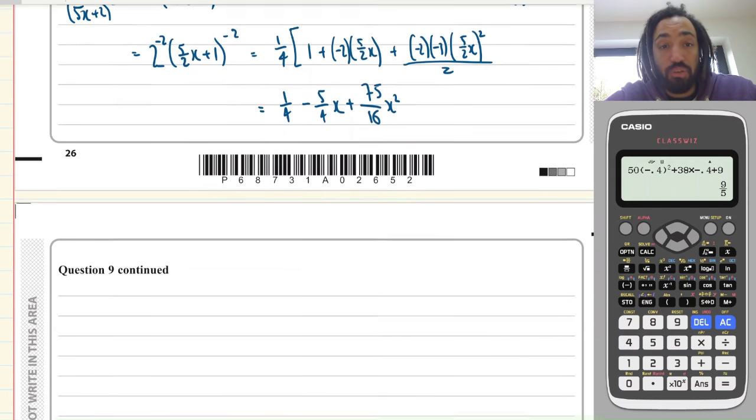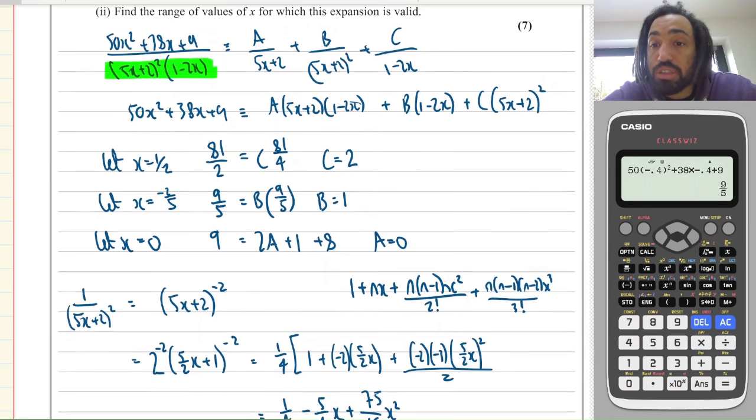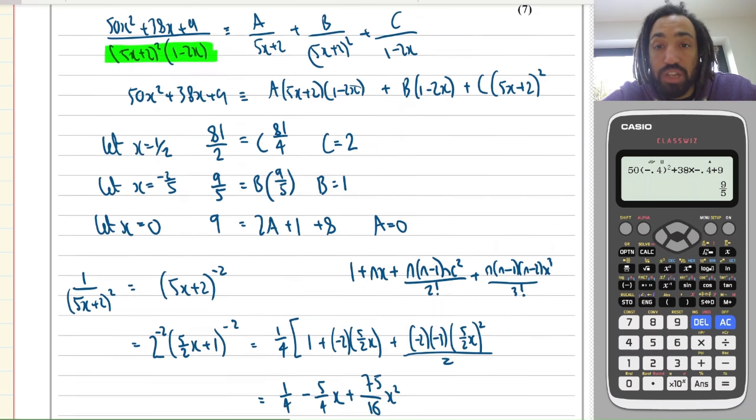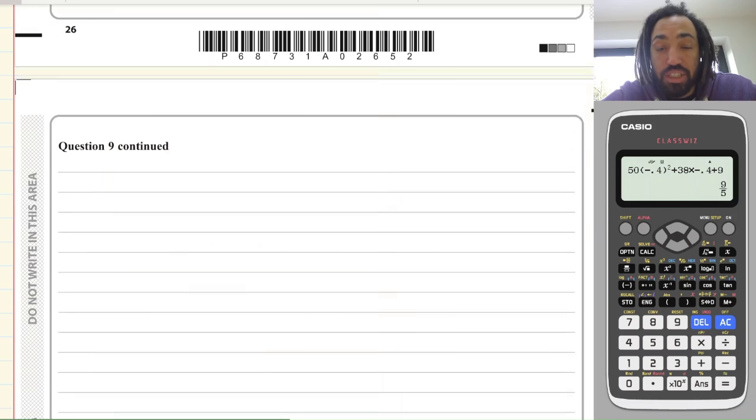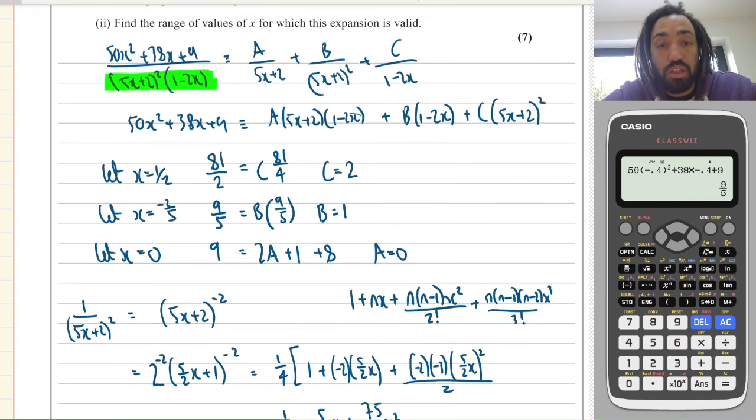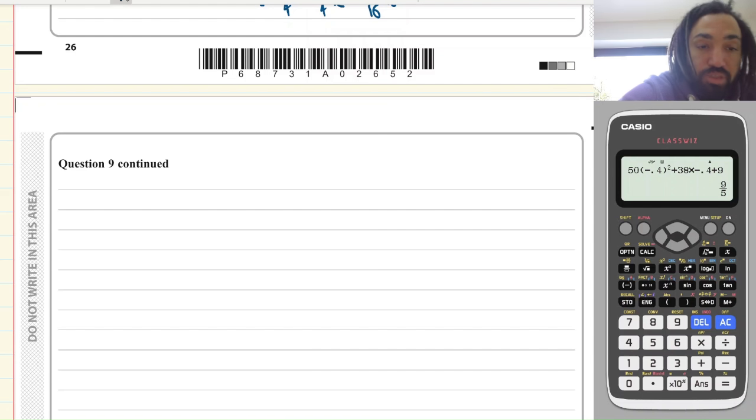But now I've got to do the other one, which was c over 1 minus 2x, and c is 2. So that is 2 over 1 minus 2x, which is the same as 2 lots of 1 minus 2x to the power of minus 1.